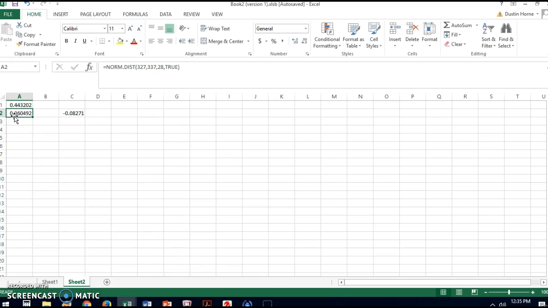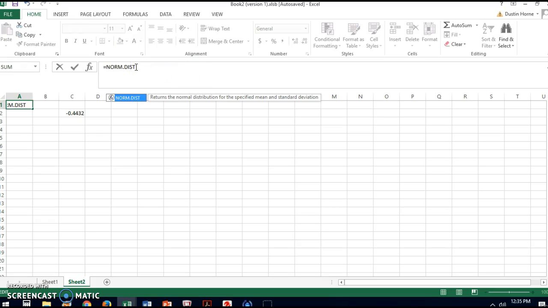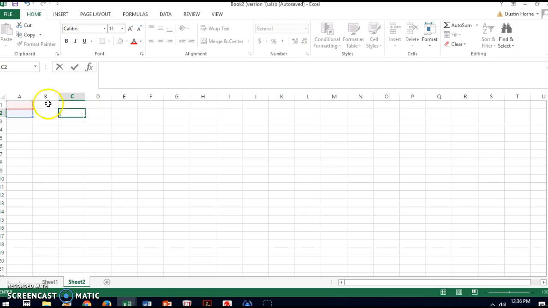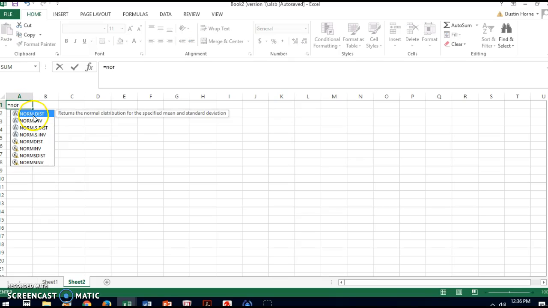What you want to do is put in equals norm distribution, and then you're just going to click on that. And then it tells you what it needs you to put in, x.